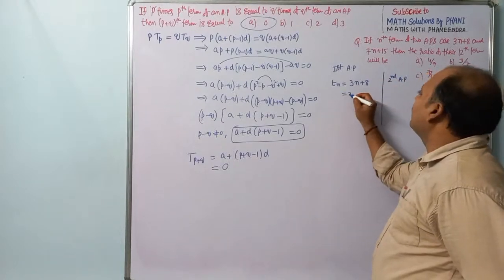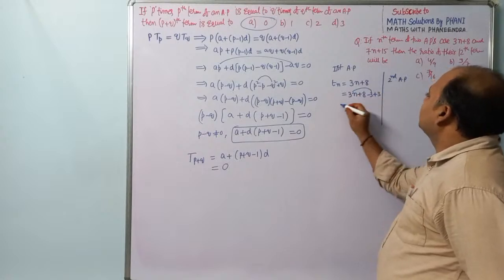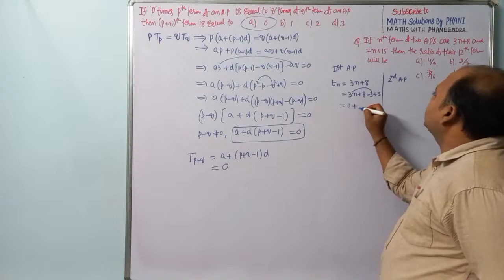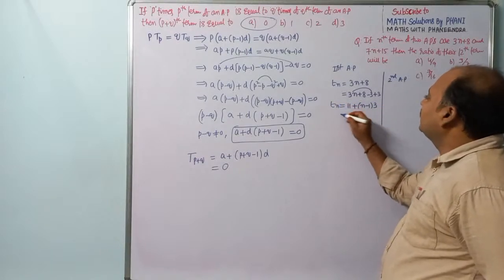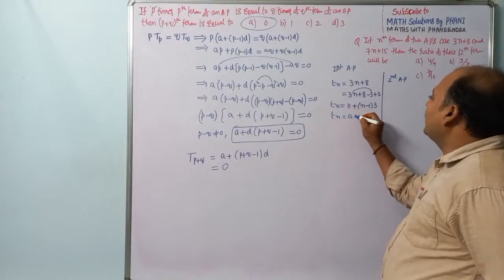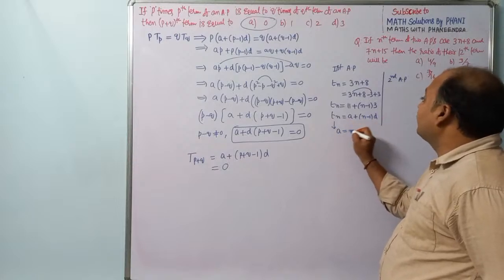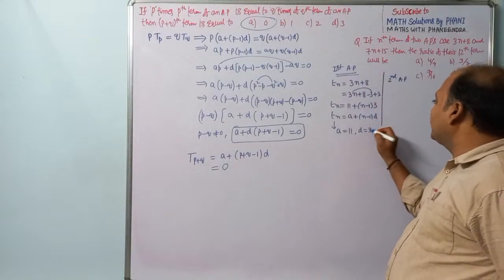We will bring it into this form: 3n plus 8 minus 3 plus 3, so 8 plus 3 is 11, plus n minus 1 into 3. Compare with Tn equal to a plus n minus 1 into d. So for the first AP, a equal to 11 and the common difference is 3.